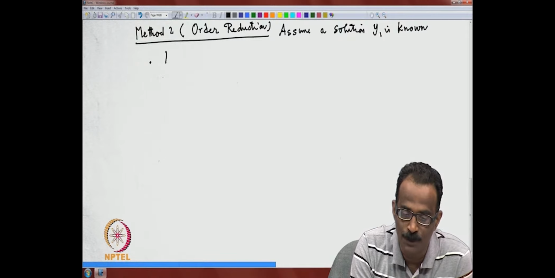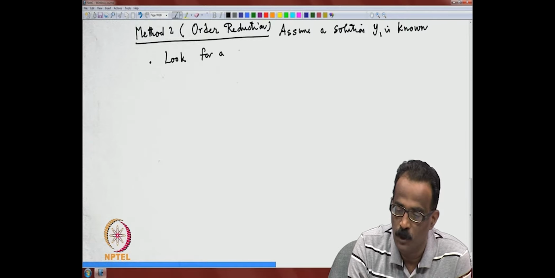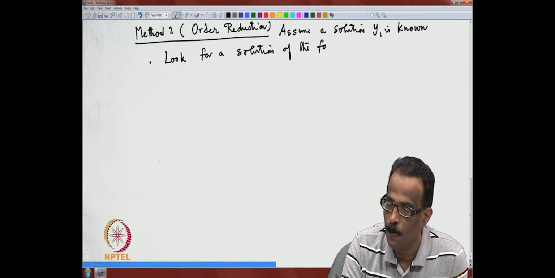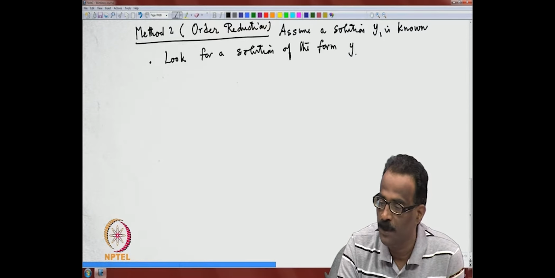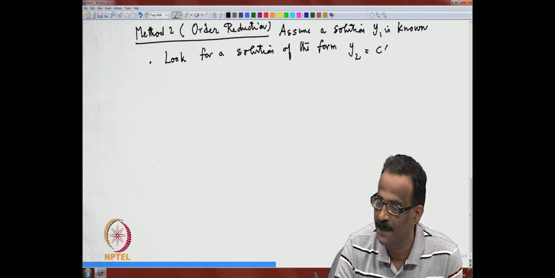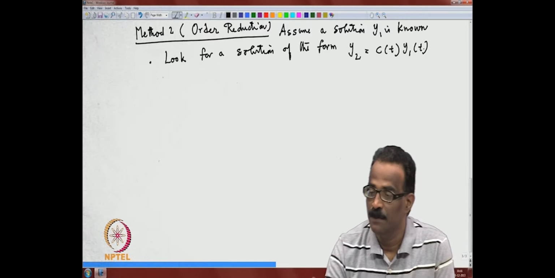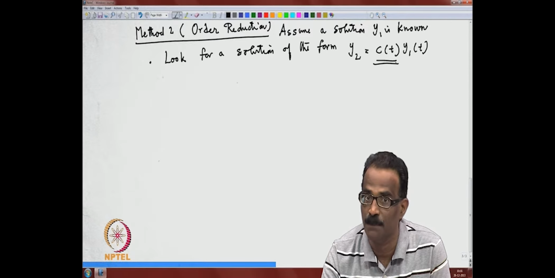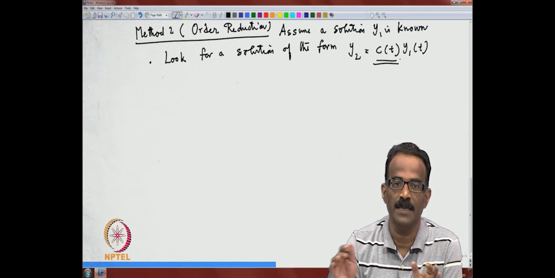So, look for a solution of the form y2 equal to C(t) y1(t). If you take C as a constant multiple, you are not going to get an independent solution.